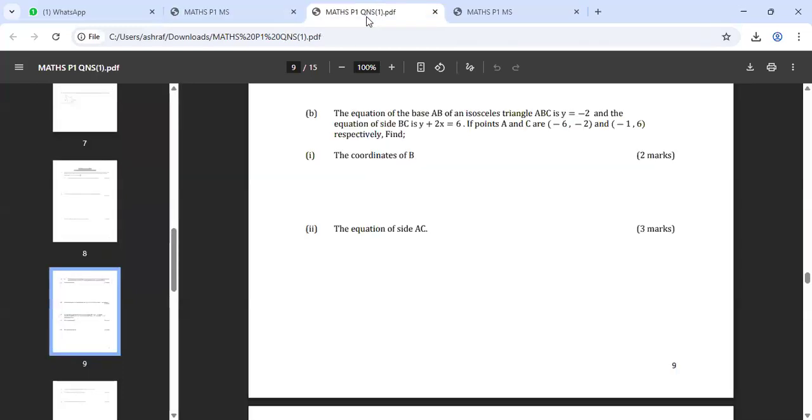So the next part was to find the equation of side AC. For you to find the equation of a line, you need the gradient and a point.